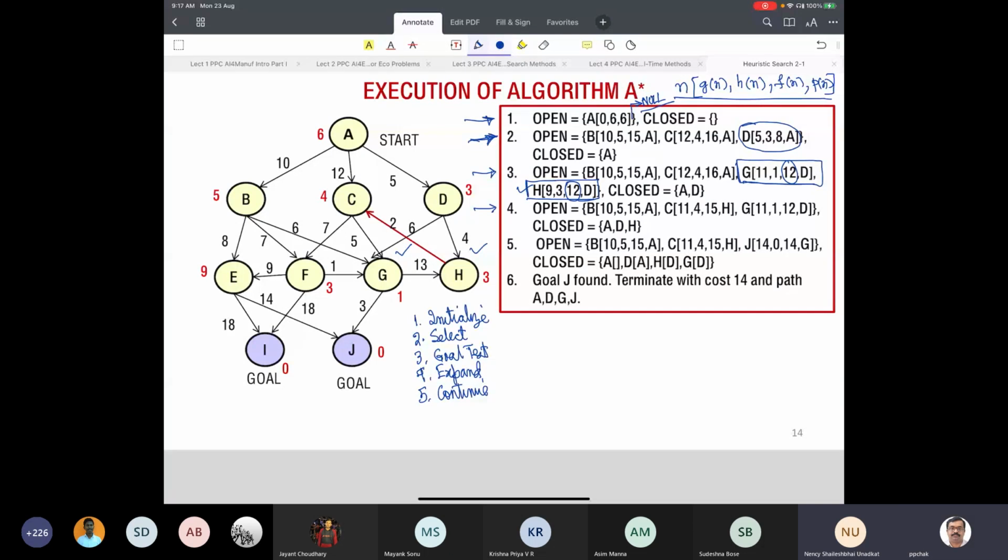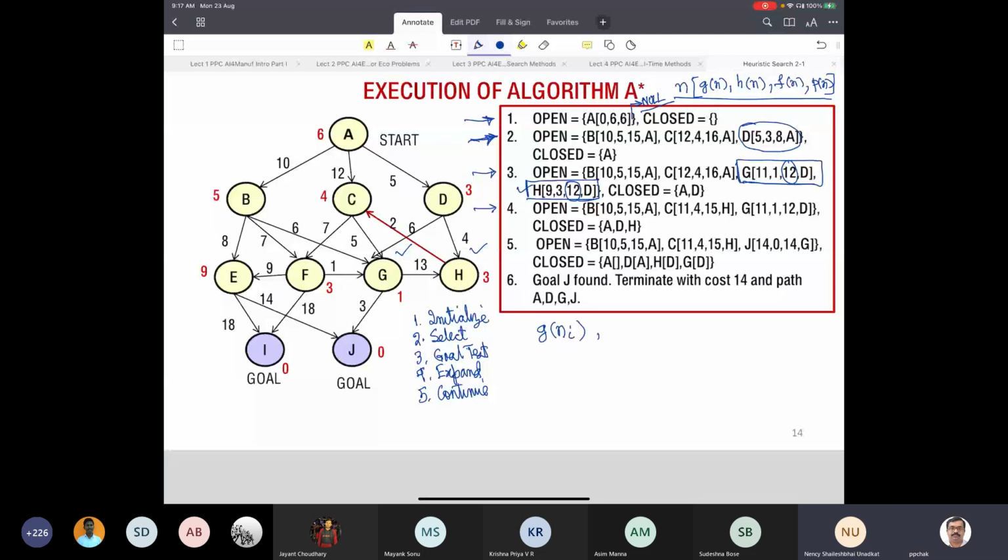Right, but C is already in open. So what do we need to do if a node is already in open? What is the check we need to do? We have to go with the goal from that point.